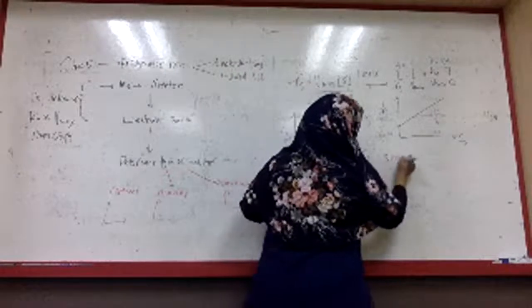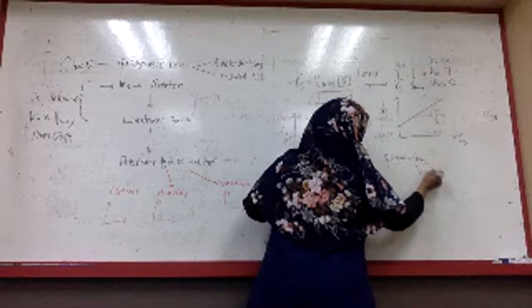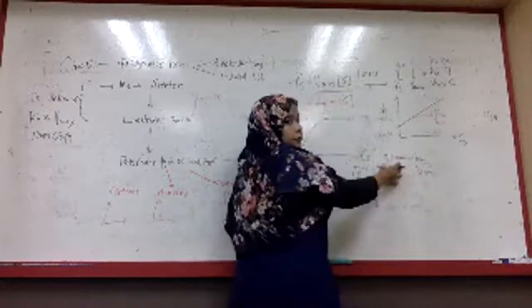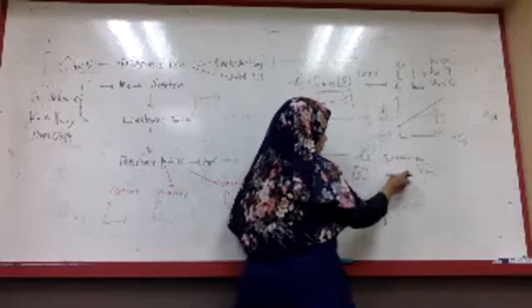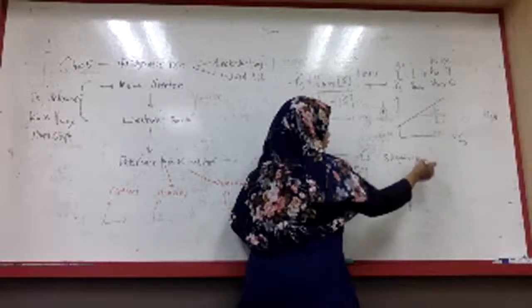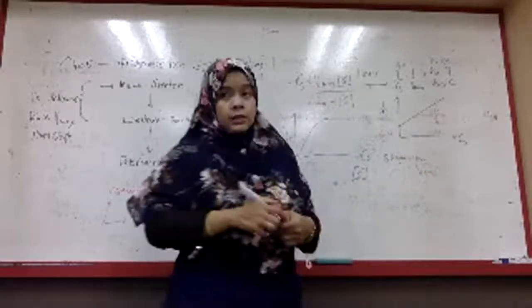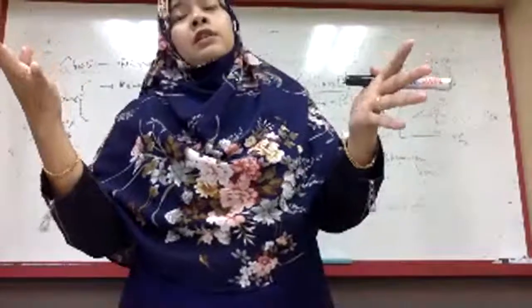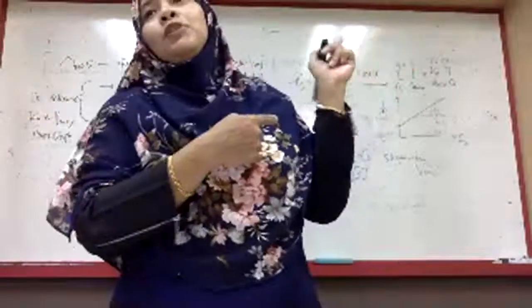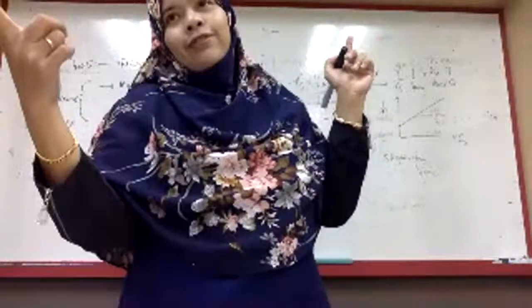So slope is equal to Km over Vmax. You determine the slope from the graph. Vmax you get from the intercept. So you can determine your Km. Easy peasy lemon squeezy. But you must plot the graph properly.